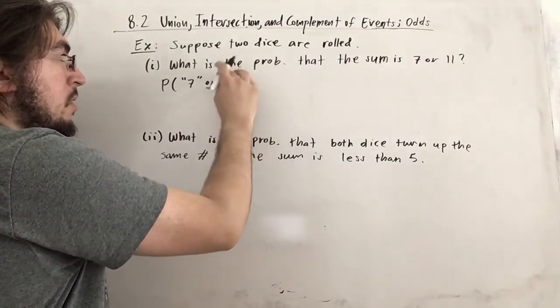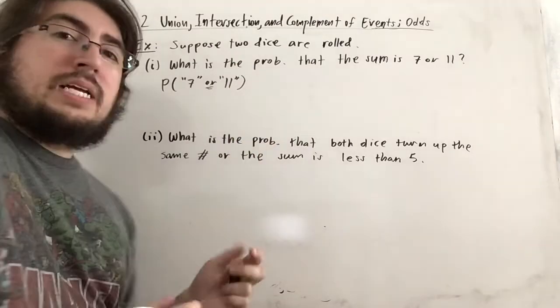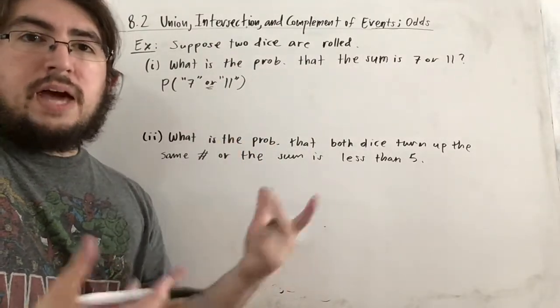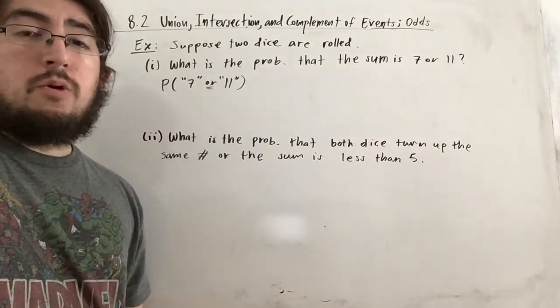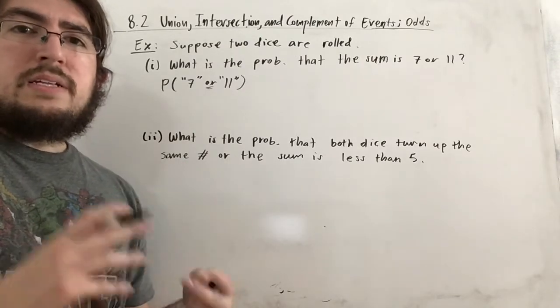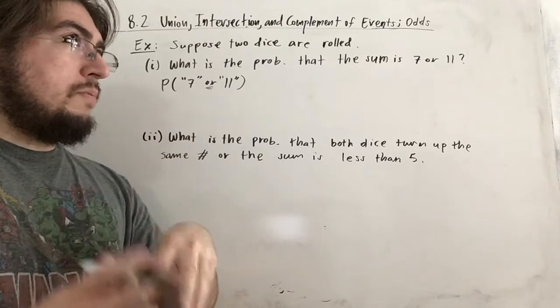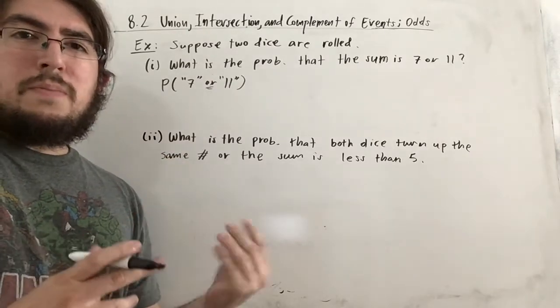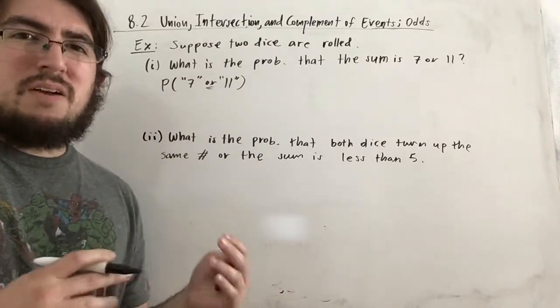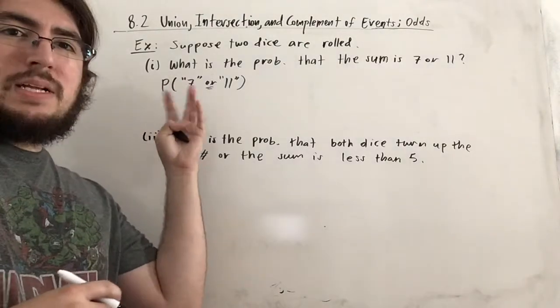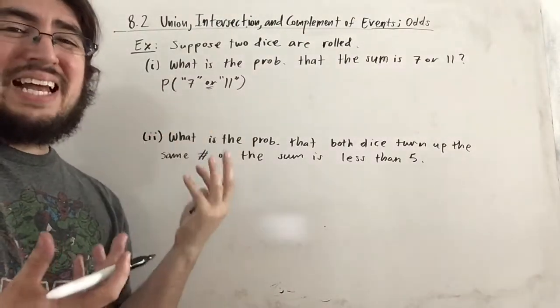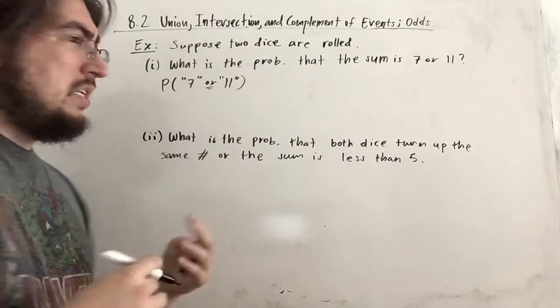So again, when I'm writing these numbers, they represent the set of that possible roll. So probability of 7 doesn't mean the probability of the number 7, but it means the probability of rolling a 7, which I know sounds kind of weird. But just know that I'm talking about the number as a set. So I know the notation gets a little funny.